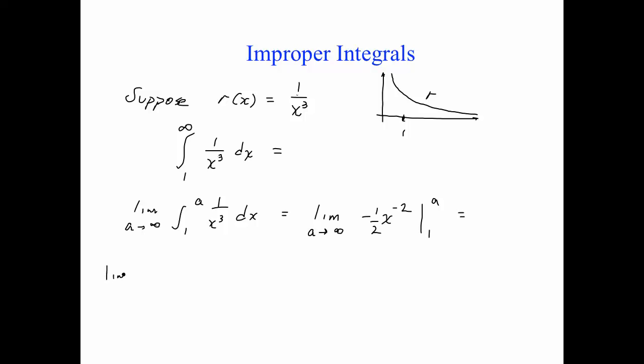I'm going to keep my limit out here, taking the limit as a goes to infinity, and I'm going to change this back to negative 1 over 2x squared, from 1 to a. Is it fair?